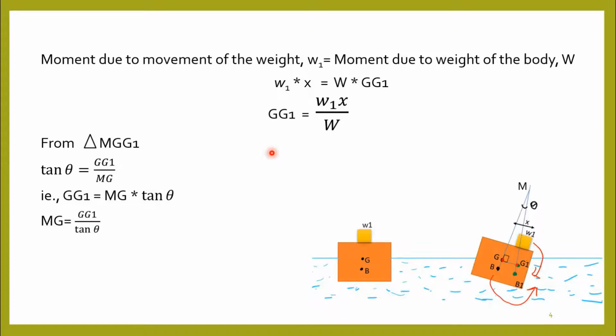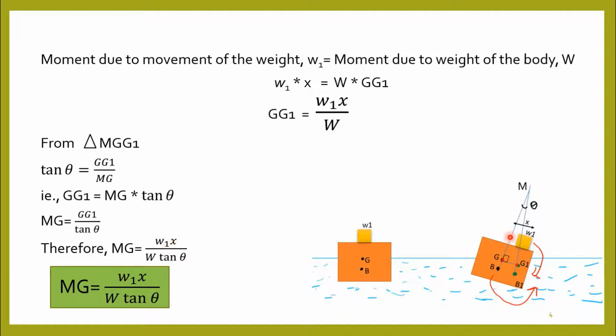Equating both, MG is equal to GG1 by tan theta, where GG1 is replaced with W1x by W. This MG is known as the metacentric height, the distance between the metacenter and the center of gravity. So MG is W1 into X by capital W into tan theta. This is how we calculate metacentric height experimentally.